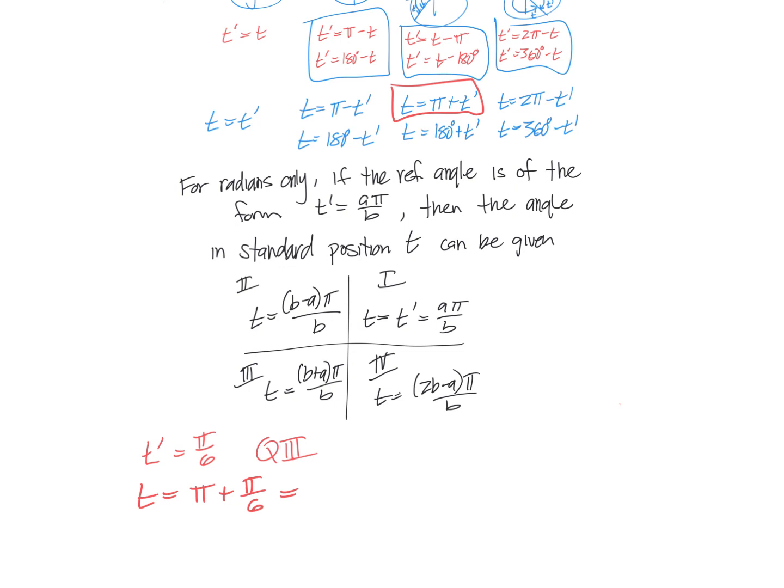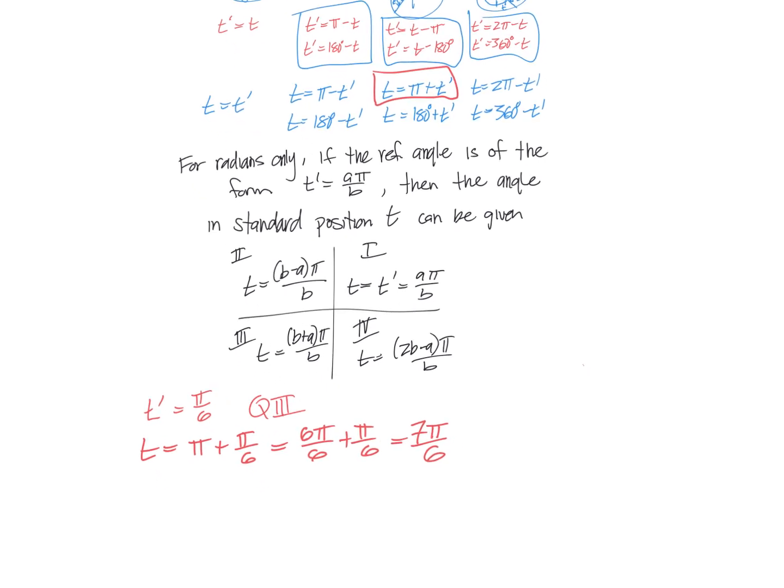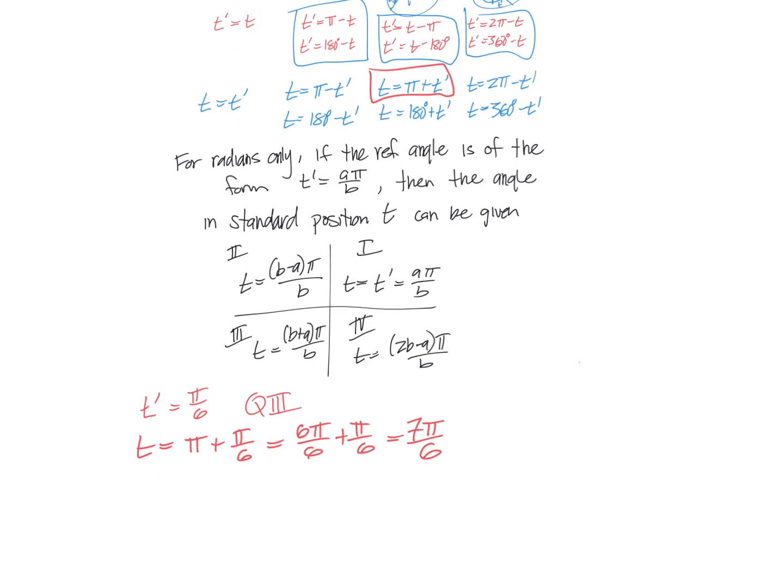Adding this together, pi becomes 6 pi over 6 plus pi over 6, so we get 7 pi over 6.